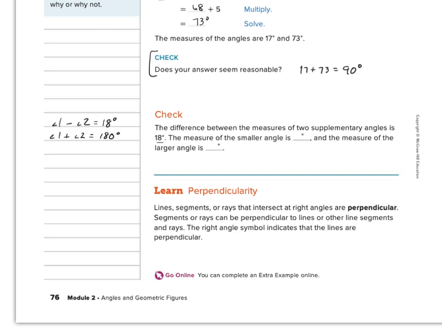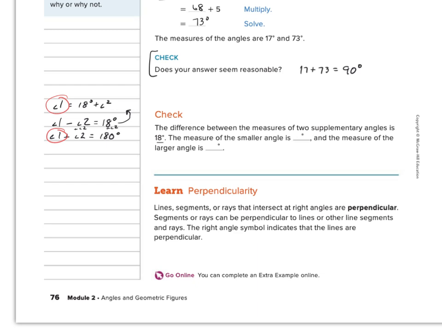We did this in algebra a lot, but if I take this equation right here and I isolate angle 1, that would be angle 1 is equal to 18 degrees plus angle 2, by adding angle 2 to both sides, right? So now if I'm able to come up with that substitution, I can plug it back into my equation.